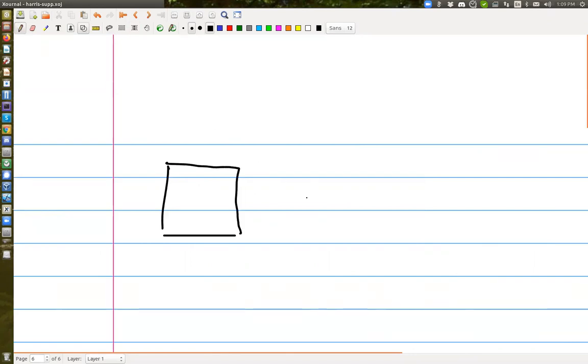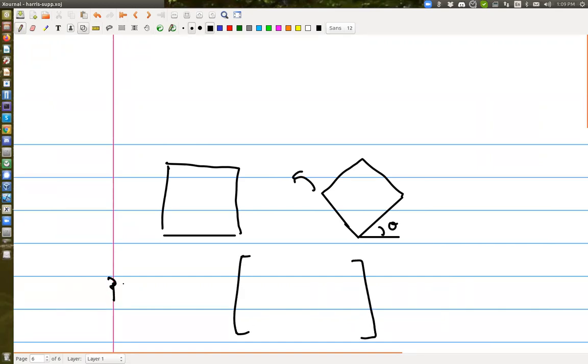Okay. So if I rotate by theta degrees, something like this, this is theta degrees. This is using a matrix, maybe I call it R theta: cosine theta, minus sine theta, cosine theta, and one, something like that, if you use homogeneous coordinates.